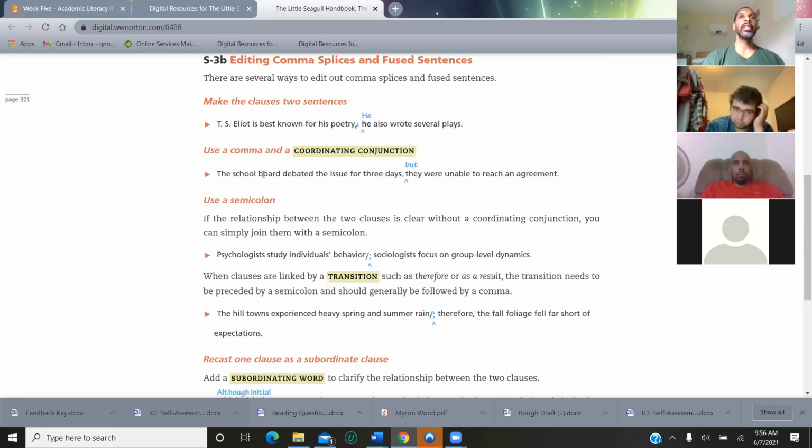The school board debated the issue for 3 days, comma, coordinating conjunction, but they were unable to reach an agreement. Okay. And then the semicolon, like I said, technically correct, but sometimes there are just better options from a style perspective. Okay.